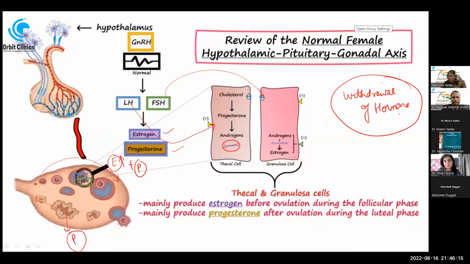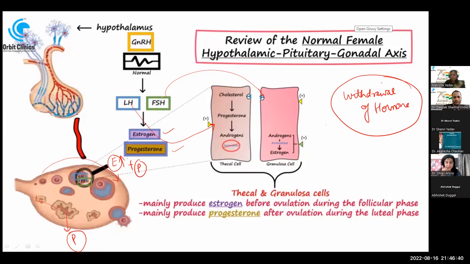They are put on estrogen and progesterone hormones for particular days till they don't want to have menses, and then when they want, they withdraw the hormone. They stop taking the medicine, and after withdrawal of the medicine, when the hormone levels go down, then menses appear, or the shedding of the endometrium appears.